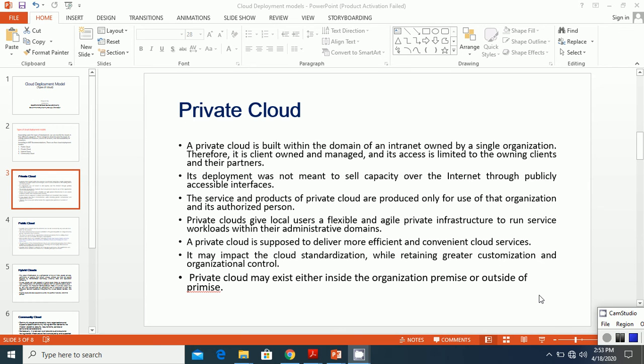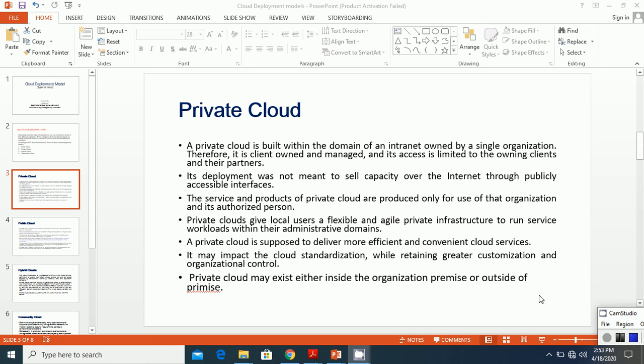As we know, in cloud computing the core concept is that we want to share resources. When we see a private cloud, it provides facilities to a limited number of customers or is dedicated to a single organization, and so it fulfills the characteristics of cloud computing.